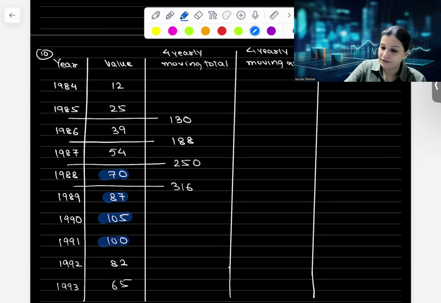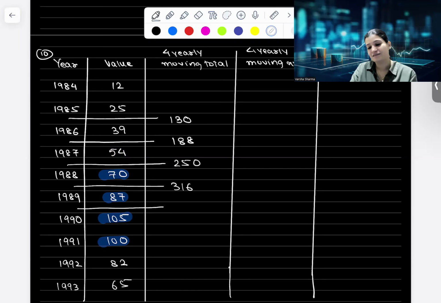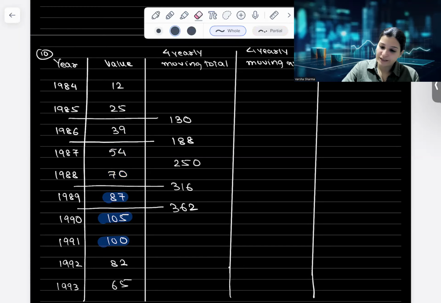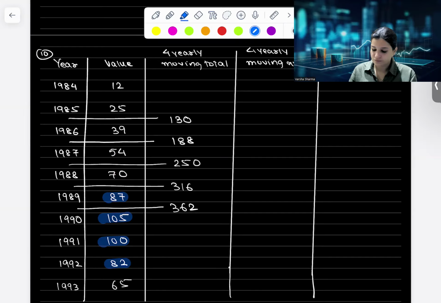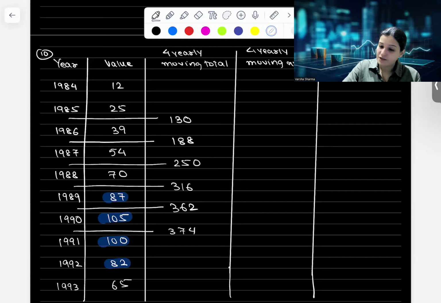Remove 54, add 100. 362. Remove 70 and add 82. 374. Last. Remove 87, add 65. 352.